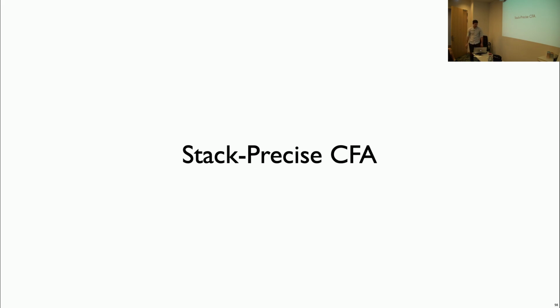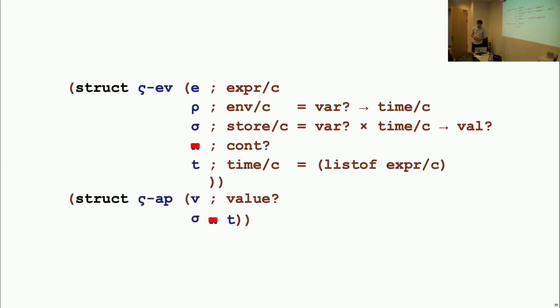Okay. But there are techniques that do allow you to only approximate in the value space and not approximate at all in the control space. And I call those stack precise CFA. Those are more commonly known as pushdown CFA because they use a pushdown system to model the control flow. So let's talk about a relatively recent technique to implement those.